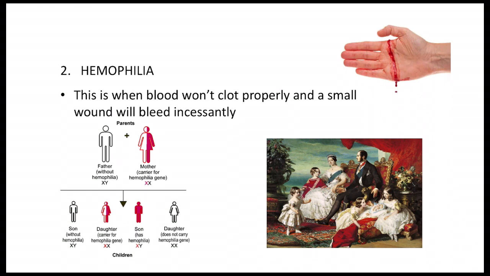Through this inbreeding, it resulted in more women being carriers for the recessive trait, resulting in more offspring, including women who then had hemophilia, because the dad would have hemophilia and the mom would be a carrier, meaning that the daughter would then have the condition as well.